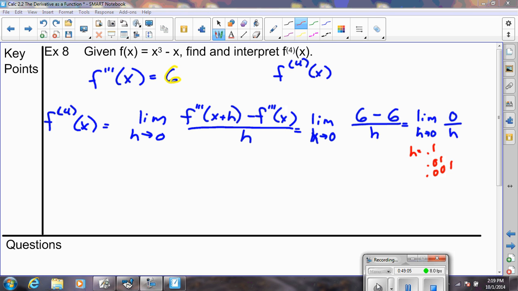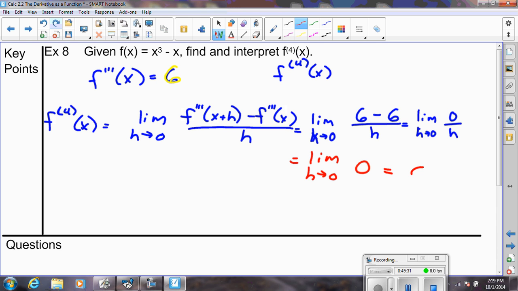If you took 0 divided by 0.1, that's 0. If you had 0.01, it's 0. No matter what number you're plugging in for h, it's still not 0. And so every single one of these pieces is saying it's the limit as h approaches 0 of nothing but zeros, which actually is 0.